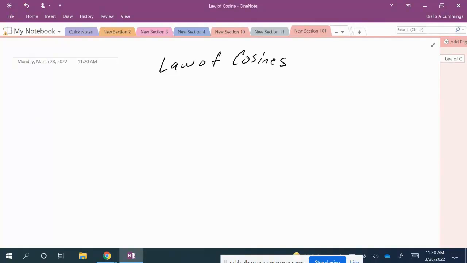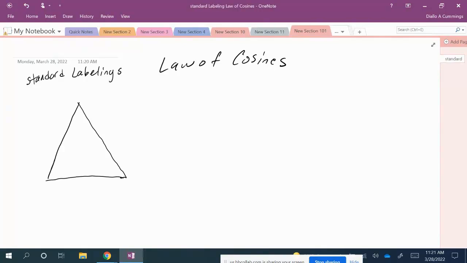As far as the triangles in this course, this would be the standard labeling used in the XYZ course.